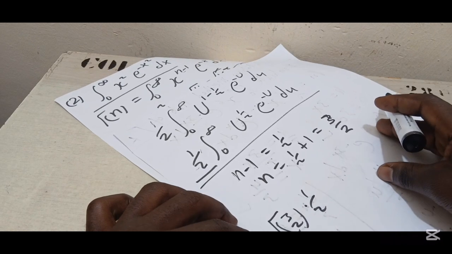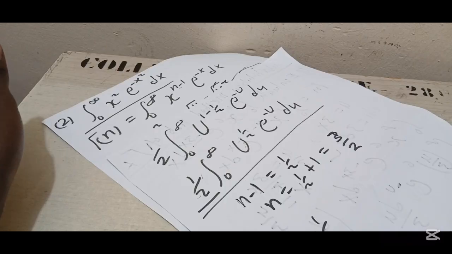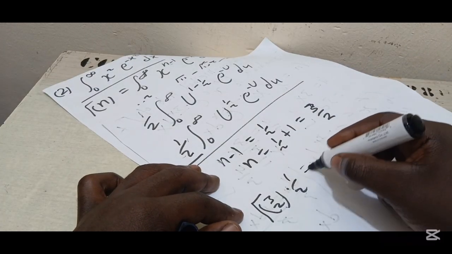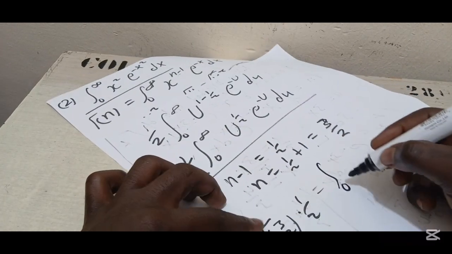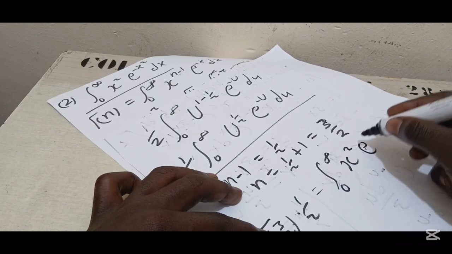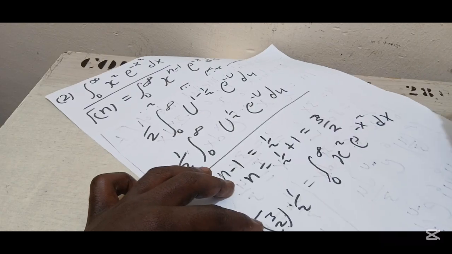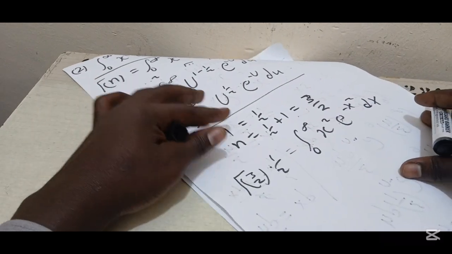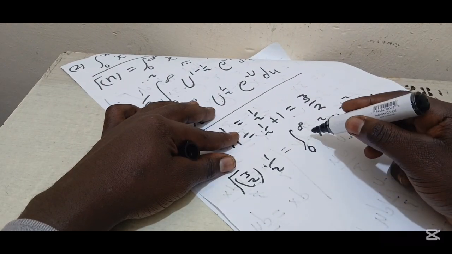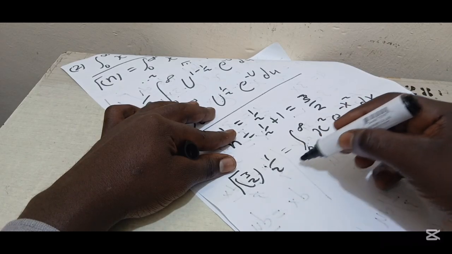Assuming our half was to be here, at the end of the day, we will divide both sides by 2.